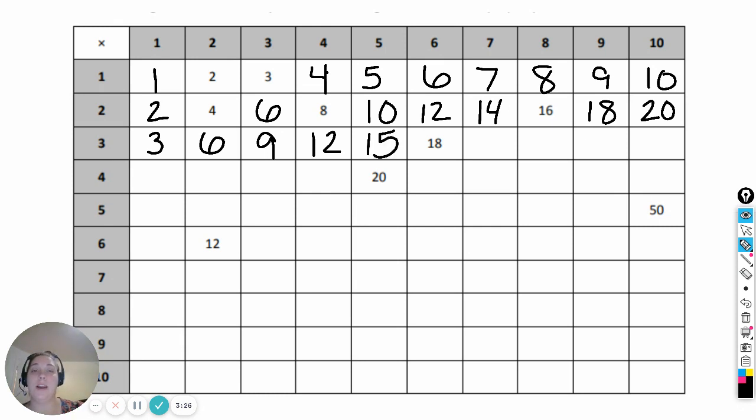Our 18 is there already. 19, 20, 21, 22, 23, 24, 25, 26, 27, 28, 29, 30.